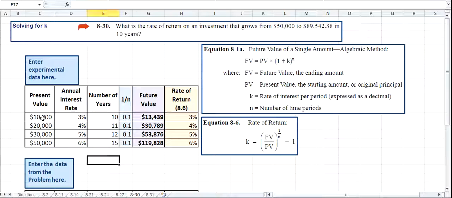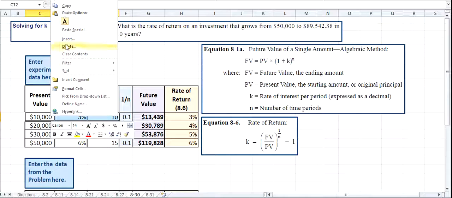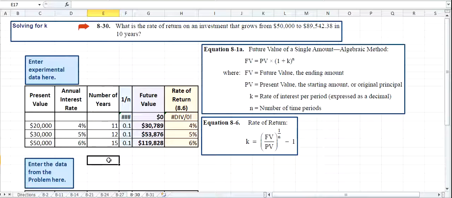So if I just cleared all these out, just clear contents, and I said to myself, I don't know this. I don't know what this is right here. But I know I want to end up with 30,789. Just like up in the problem, I know I want to end up with 89,542. So you're going to put in 50,000 right here.